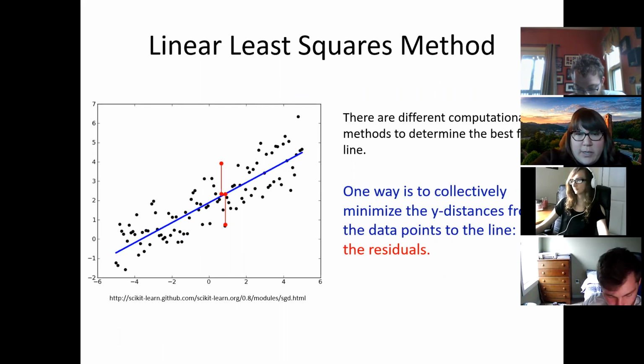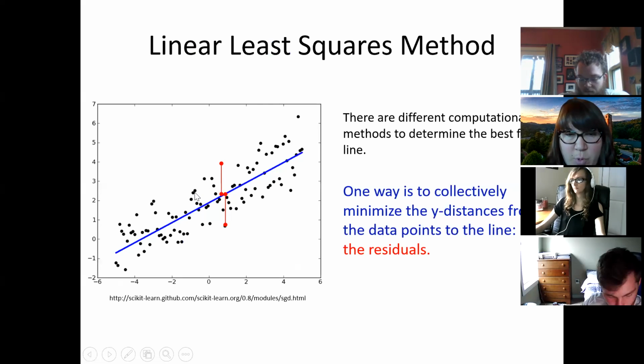All right, so there are different computational methods to determine the best fit line. One way is to collectively minimize the distances of the points away from the curve. They could be perpendicular to the curve itself, or straight up and down. In the way we're describing here, we're talking about all of the y distances.